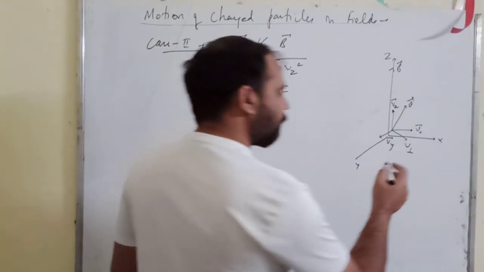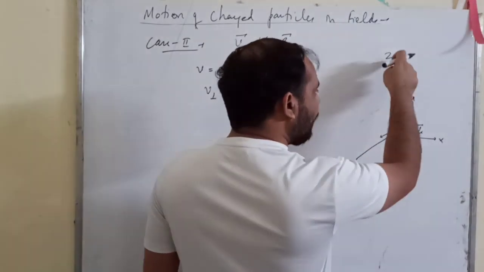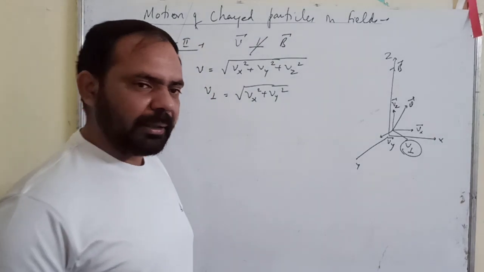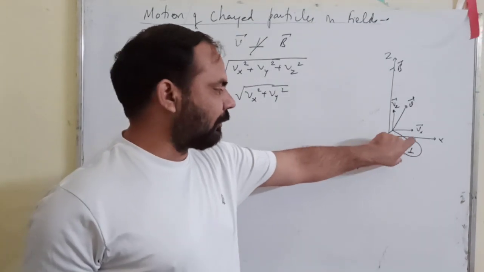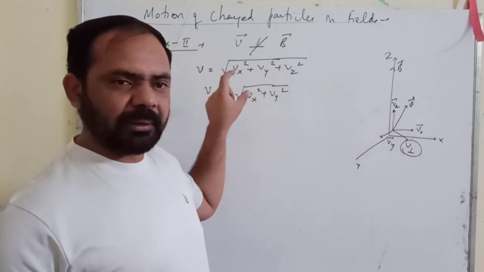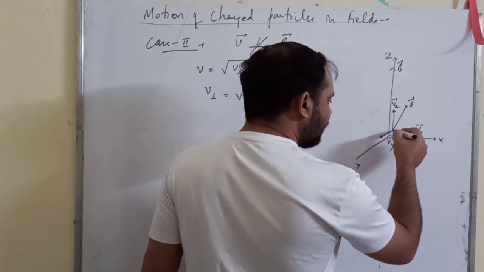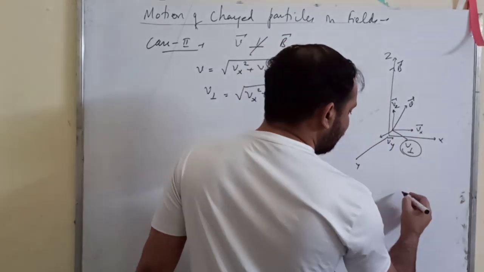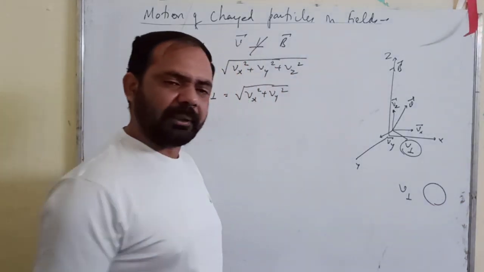Why v perpendicular? Because this component is perpendicular to the magnetic field. For this v perpendicular you can follow the first case: due to v perpendicular, the charged particle will move on a circular path.